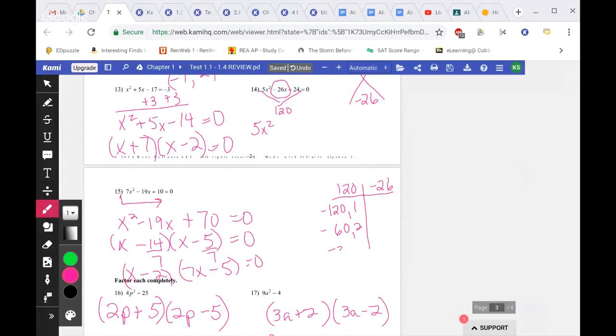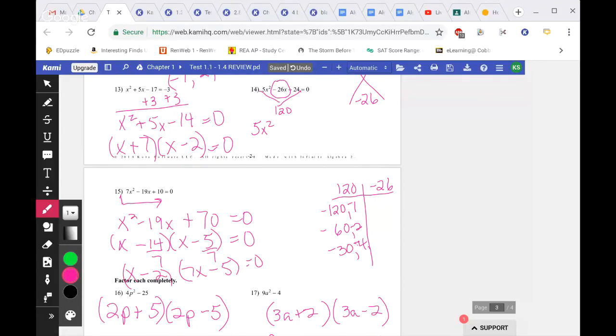And then I got tripped up on this problem with negative 30 and 4. And I thought, oh gosh, that's it, because that would give me a negative 26. Right. But technically, what I'm doing wrong actually is both of these should be negative. And that's when I fixed it, because this is a positive 120.